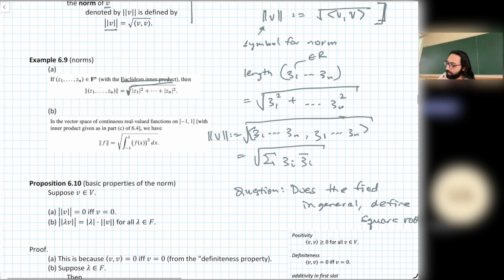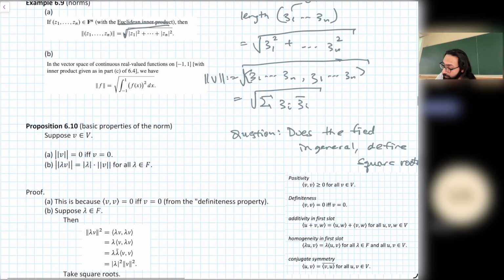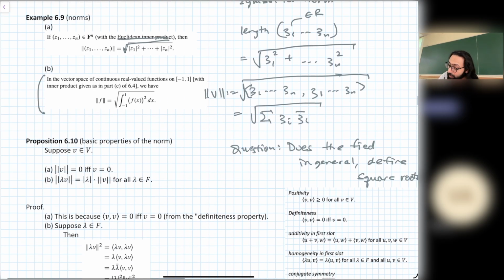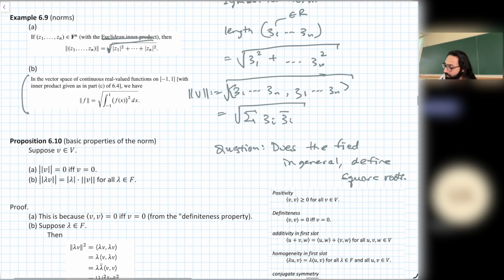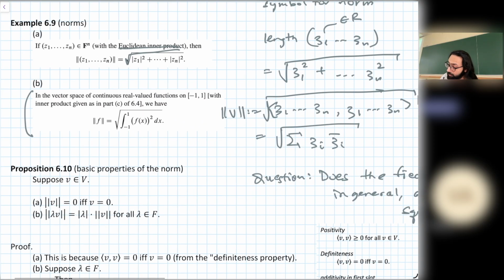Good. Okay, so that was the first example. The second example, which is actually kind of nice, which we would probably use as a sort of non-trivial definition of an inner product, would be this. Suppose you have Pn on real numbers, where Pn is the set of polynomials of at most degree n on the reals.